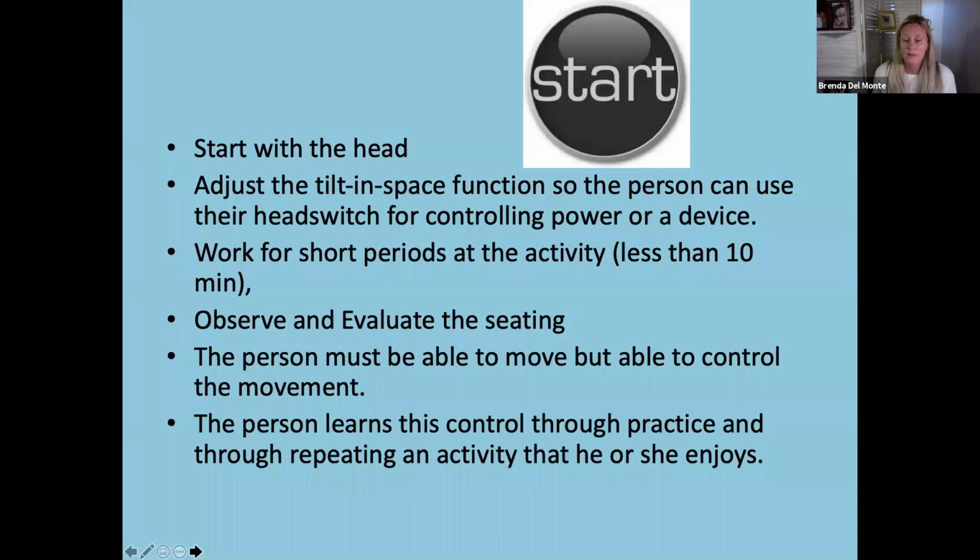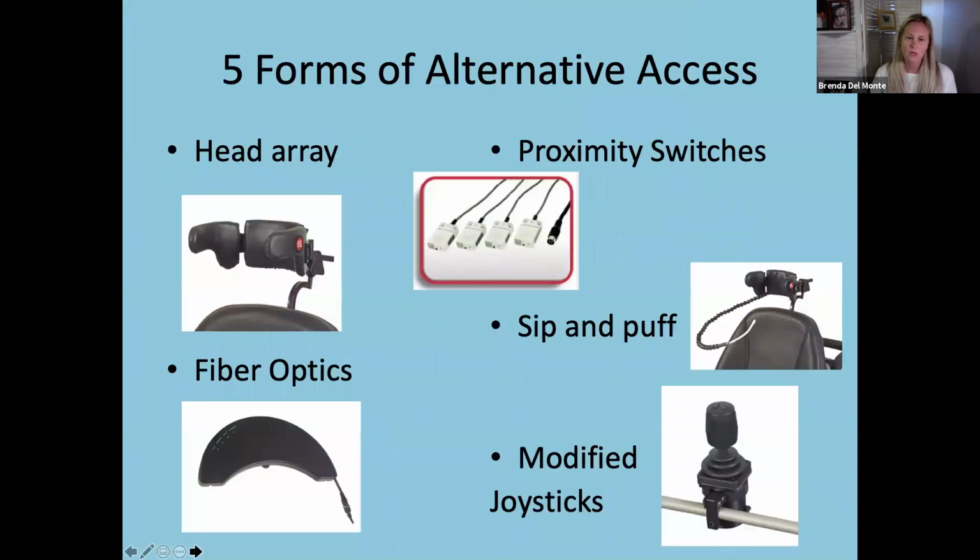So we're going to begin to observe and evaluate this seating with the intention of increasing the level of alertness and creating a tone in their core that allows for intentional movement in their extremities and or their head. That way you can use some of these other alternate accesses.